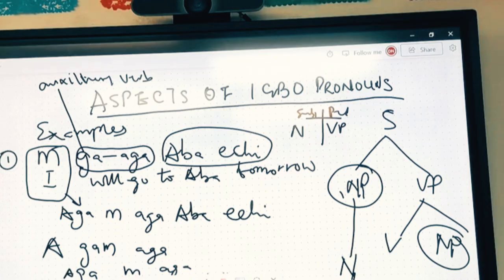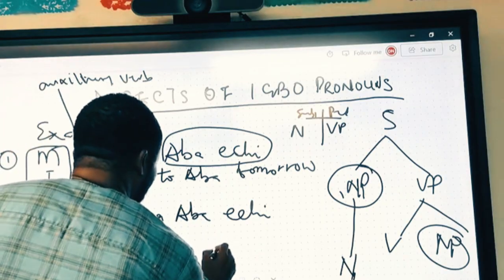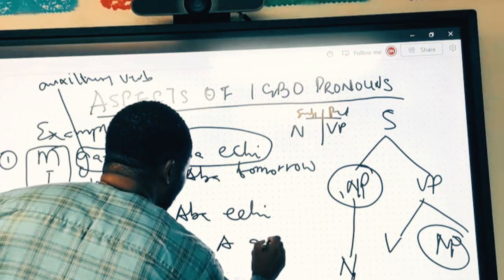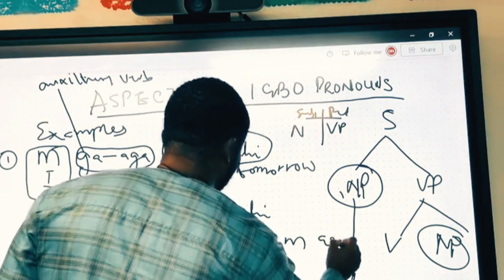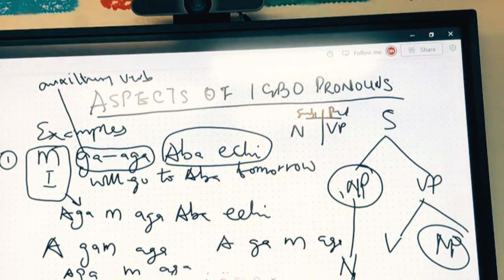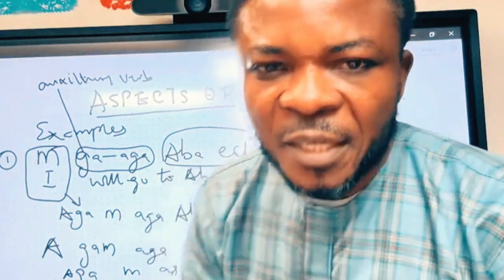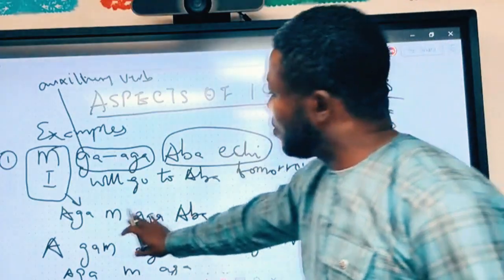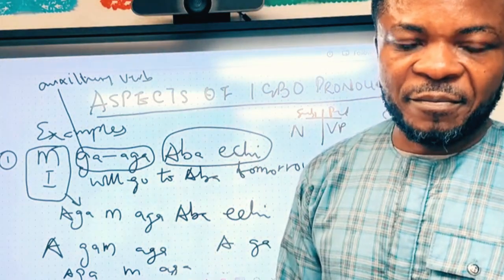Then you see another person write this as "agam aga." This is what happens in the written form of the Igbo language.